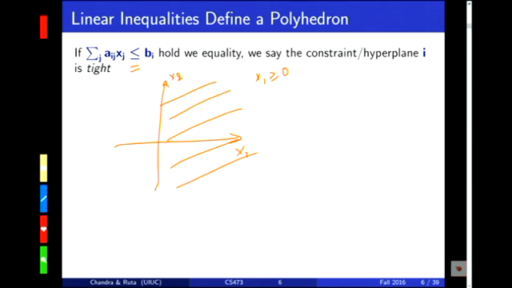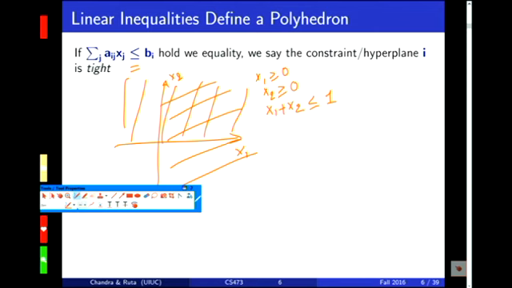Now if I say x2 greater than or equals 0, that is all these points. And then if I say x1 plus x2 less than or equals 1, then where should it intersect with the x1 axis?